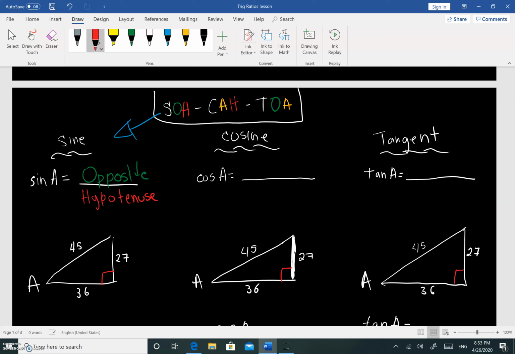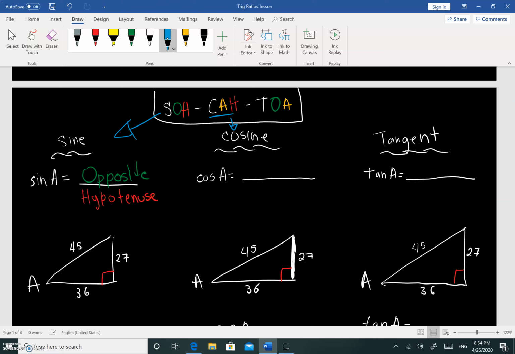Now the second one, cosine. If you notice, it has the three following letters, C-A-H. So what do you expect is going to be on top? On the previous one, the O goes on top. So what do you think is going to go on top for cosine? We write COS, but we say it as cosine. Cos is just an abbreviation.